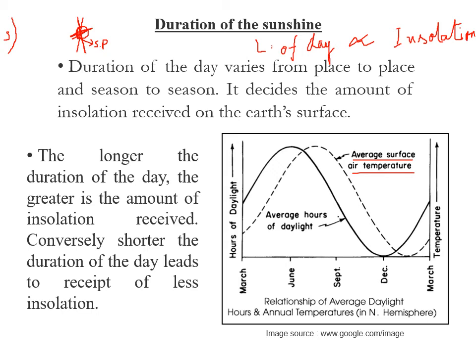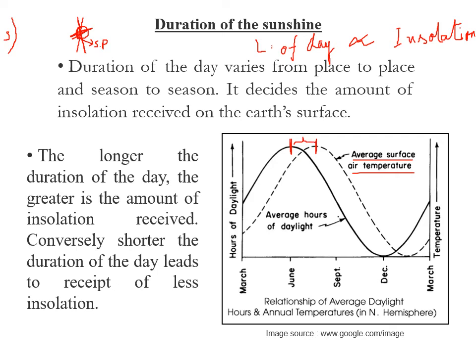The duration of daytime reaches its peak at June, and average surface temperature of Earth in the northern hemisphere also reaches its peak close to June, mostly in the month of July. So there is a little lag of surface air temperature.